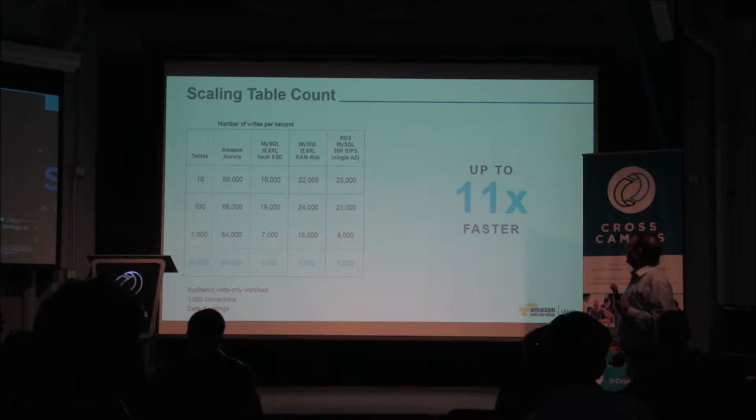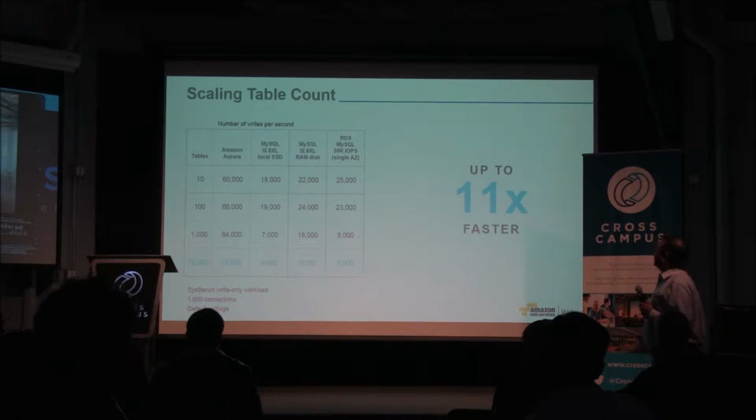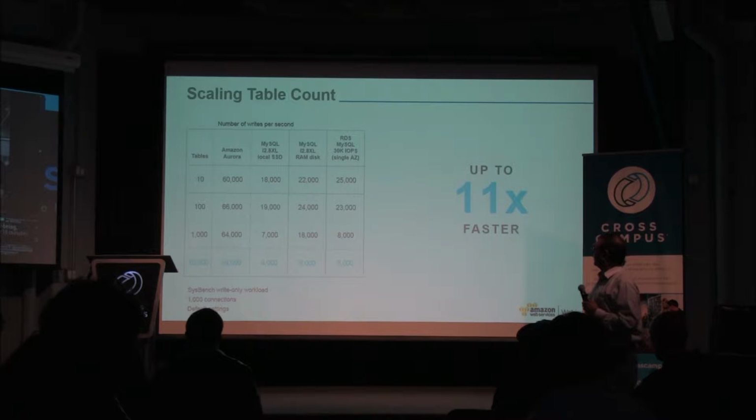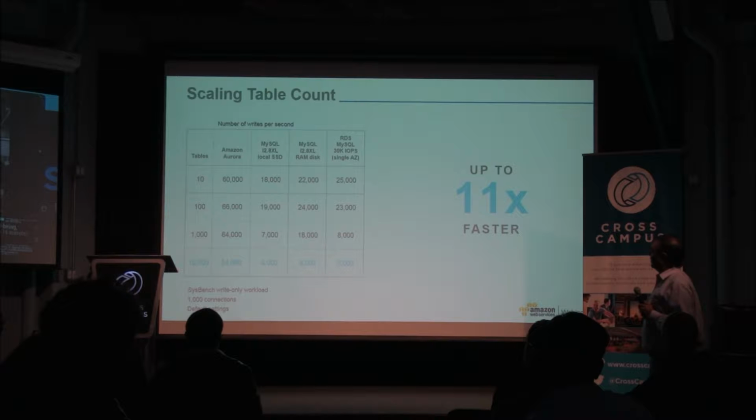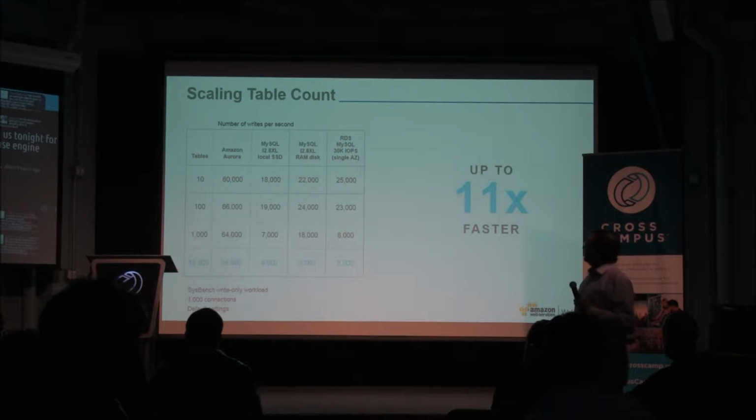On MySQL, we also used a RAM disk, and we also used EBS storage, right, which is network attached storage. And here, if you look at the numbers for Aurora, it goes down a little bit when you reach 10,000 tables, but is pretty much very steady, right? Increasing the number of tables doesn't really have any impact on performance of Aurora.